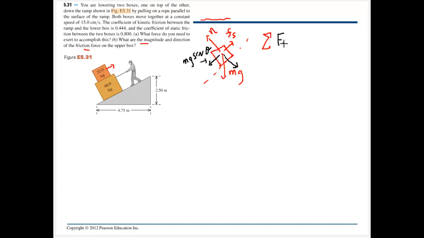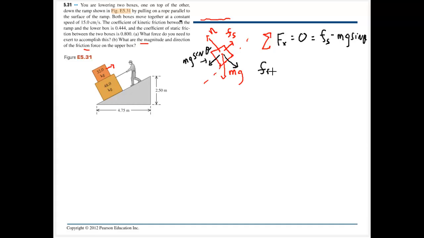And I say, what are the sum of the forces in the x direction? I know there's a constant speed, so it is equal to mass times acceleration. Acceleration is equal to 0. So I have my frictional force in the upwards direction and in the downwards direction I have mass times gravity times sine of the angle between them.